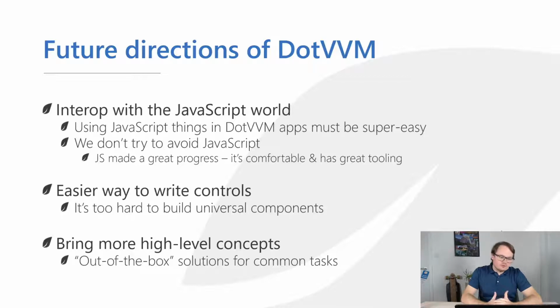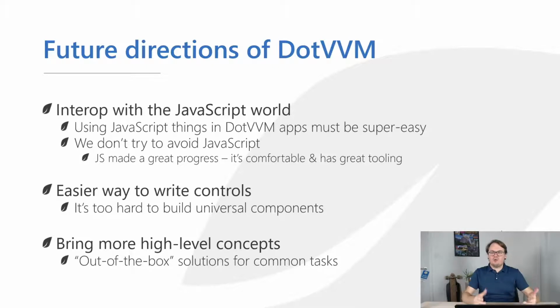And now I would like to share a few words about what we are planning with .vvm in the future. So we have 3 main objectives for our users that we want to help with. The first is extensibility and better interoperation with JavaScript libraries, with the JavaScript world, because .vvm is not an isolated island on the web.